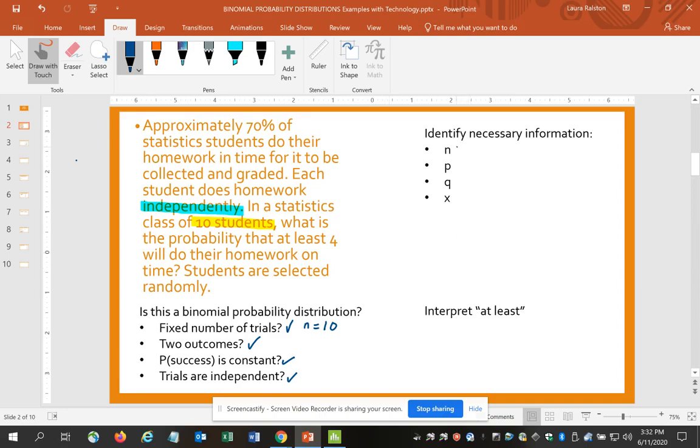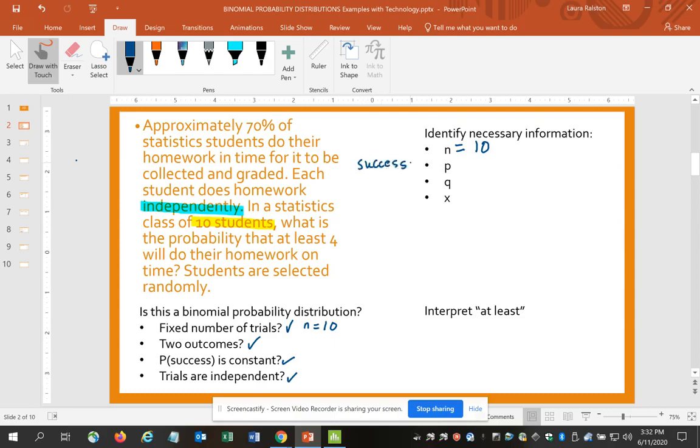Then it's helpful to identify what I tend to call the players in the problem, because you've got lots of different numbers. We've already talked about that our sample size, or number of trials, is 10. P, remember, represents your probability of success, that you get what you want.